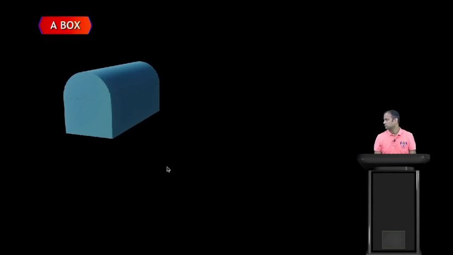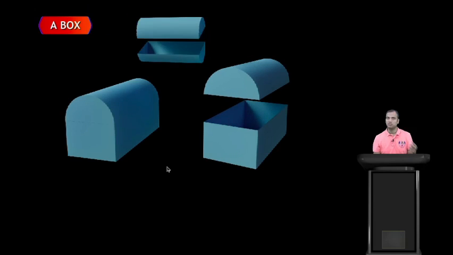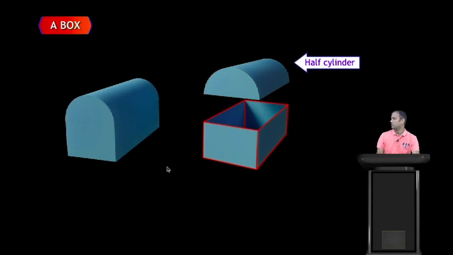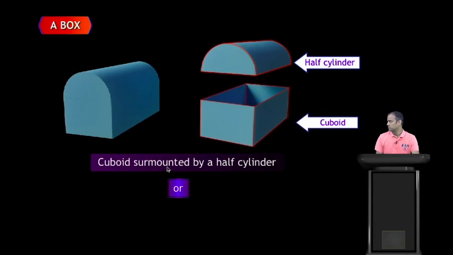Now it's a box, a big box. Here we also have two portions in this box. The upper portion is a half cylinder, and the lower portion is a cuboid. So it is called a cuboid surmounted by a half cylinder.